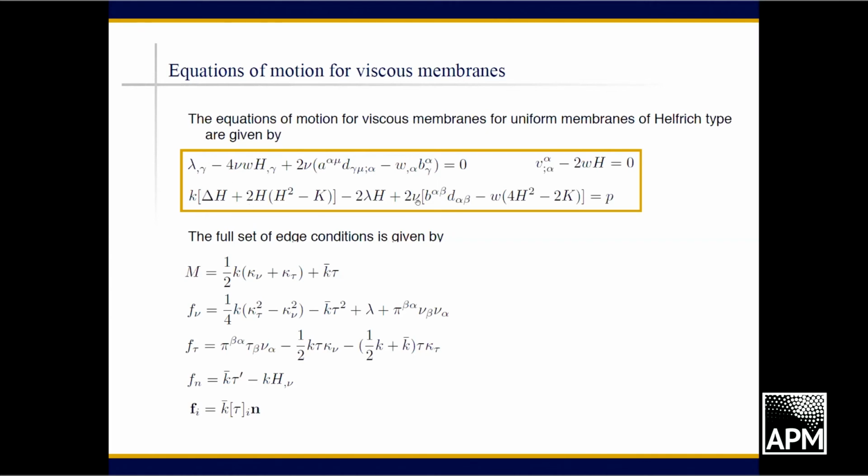The shape equation balancing the pressure is again modified by viscosity as well. And we can extract boundary conditions. The bending moment is unaffected by the viscosity. The transverse shear force is unaffected, but the in-plane tractions in the normal and tangential directions to an edge now have viscous contributions, as shown here.